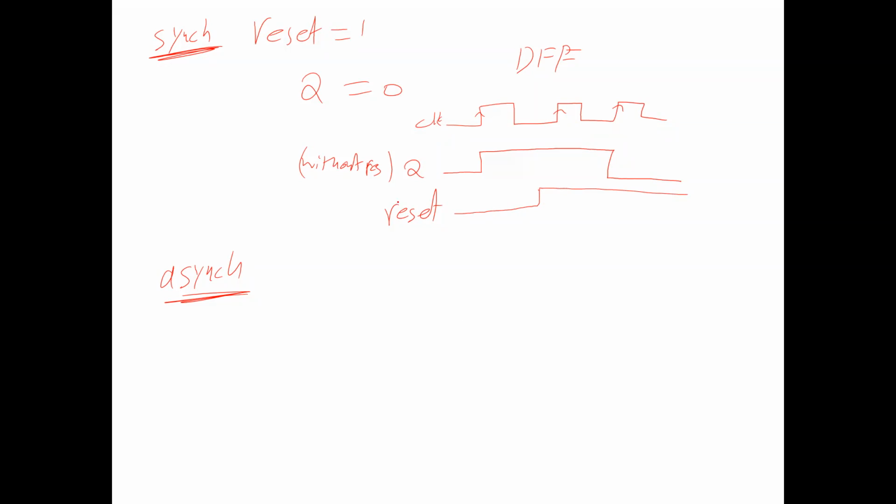Okay? Now, let's see Q if this was a synchronous reset and if this was an asynchronous reset. If you're using a synchronous reset, Q will just follow خلينا نقول Q will follow this value تمام.